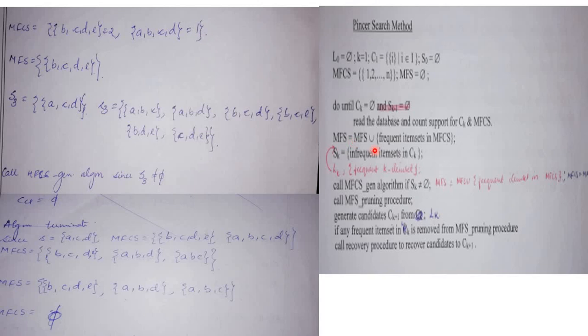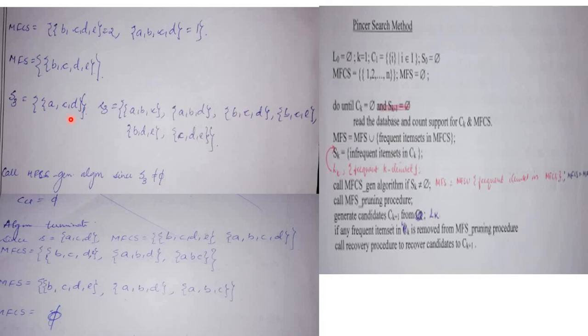So MFS, which was null, is now initialized to BCDE. Next I have S3 and LK, which I have initialized like this, and I call the MFCS generation algorithm if SK, that is S3, is not equal to null.